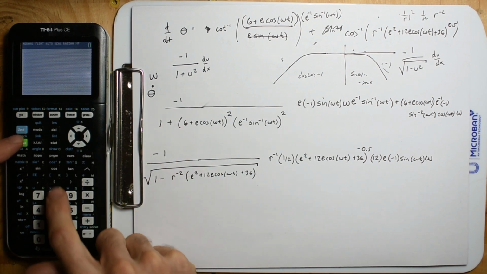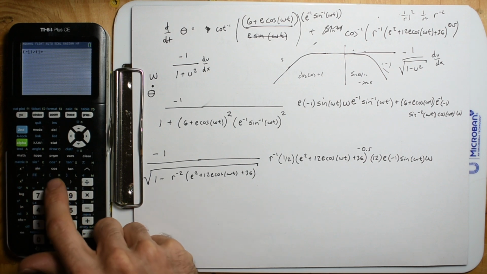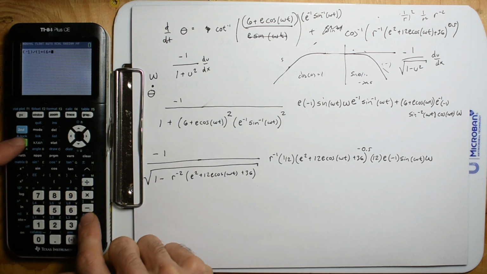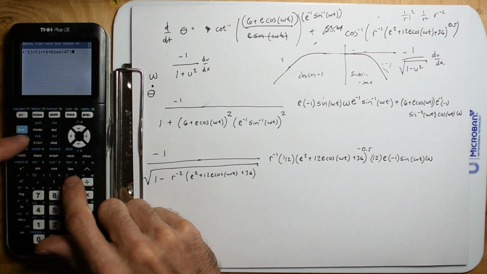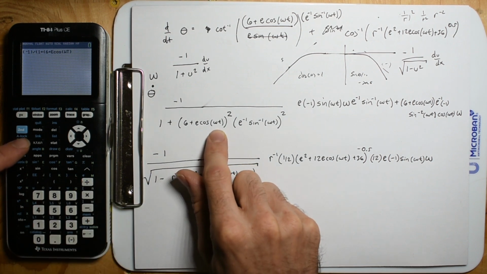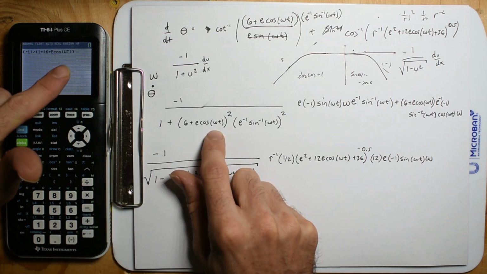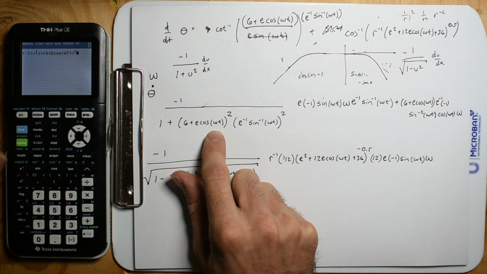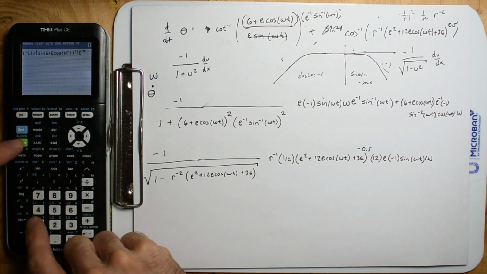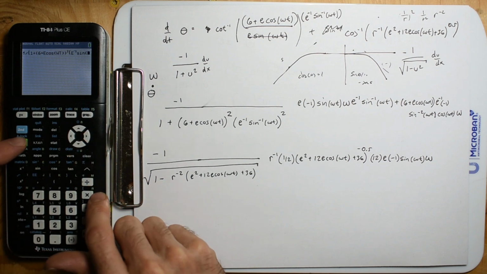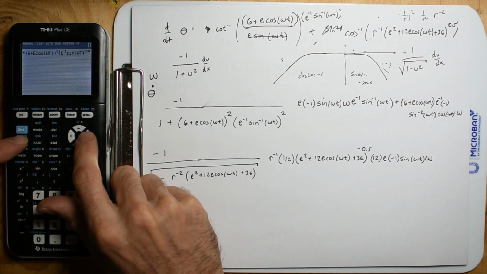All right, so we're going to do -1 divided by 1 plus 6 plus alpha e cosine omega t. Another parentheses. Yeah, that's good enough. Squared. Multiplied by alpha e to the -1 sine omega t to the -1.